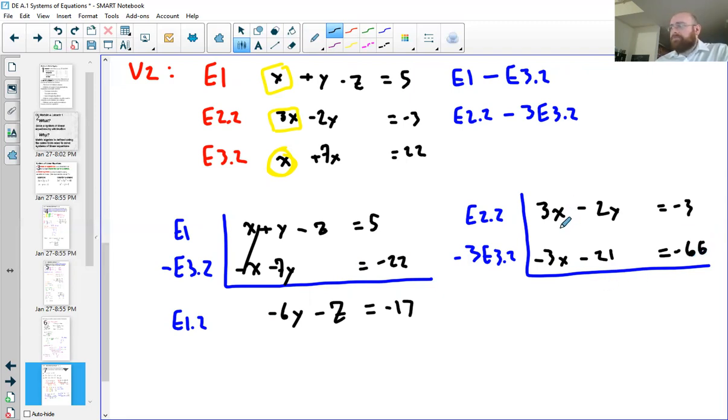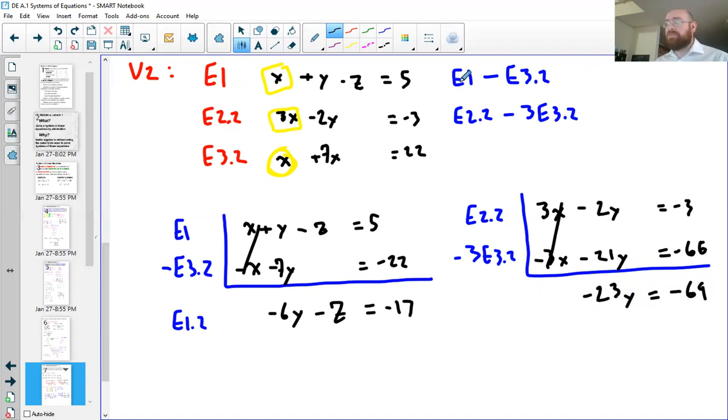Now we add. 3 and negative 3 cancel out. Negative 2y and negative 21y, I forgot to write the variable, gives us negative 23y. And then negative 3 minus 66 is going to be negative 69.